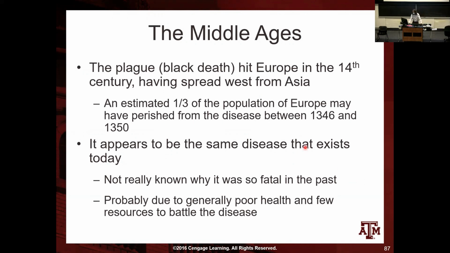An estimated 1/3 of the population of Europe may have perished between 1346 and 1350. And what's interesting is that it appears to be the same disease that we have today, and it's not really well known why it was so fatal back then, but probably because of poor health and few resources to battle the disease, right? Medication and so on.